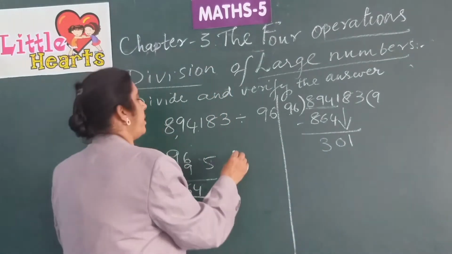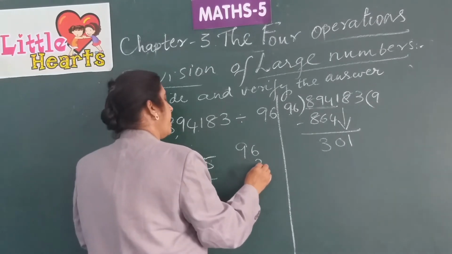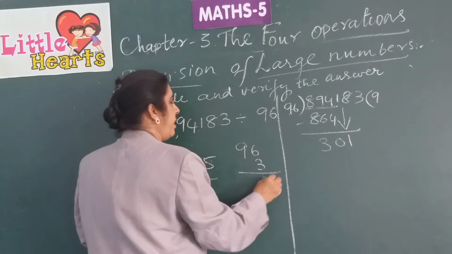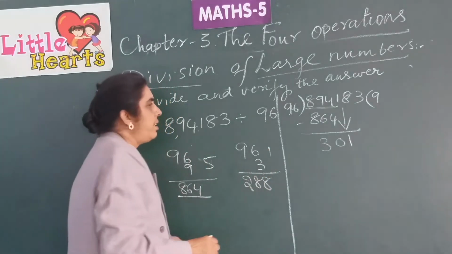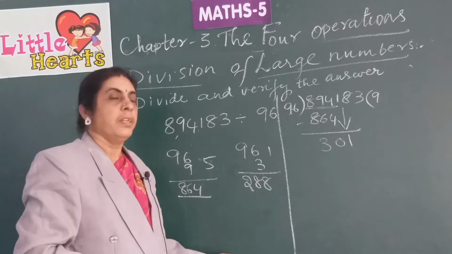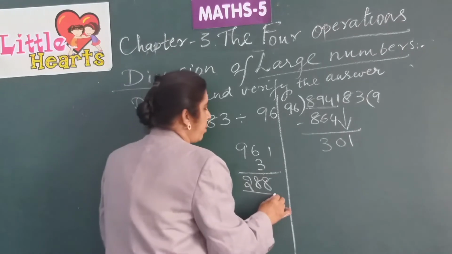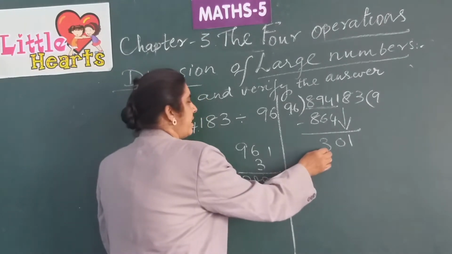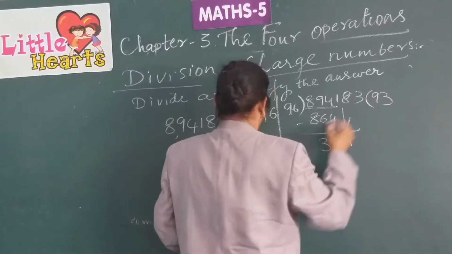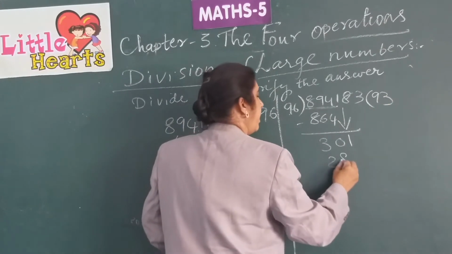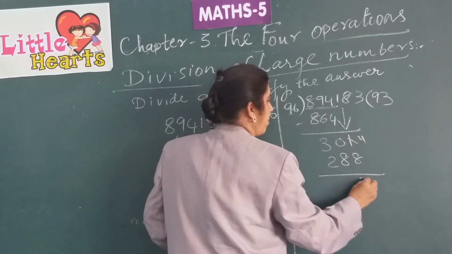Now we shall go with 96 3s: 3 6s are 18, 3 9s are 27 plus 1 is 28. Or else you can write the 96 table by the side of the division and select the number. This number should be less than this number. So 288 is less than this. 11 minus 8 is 3.